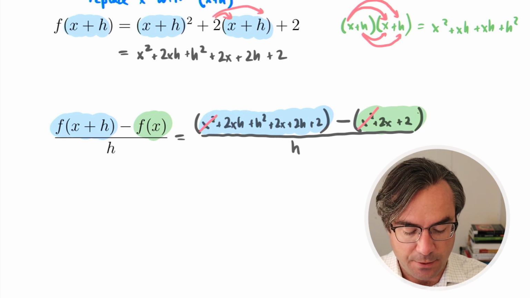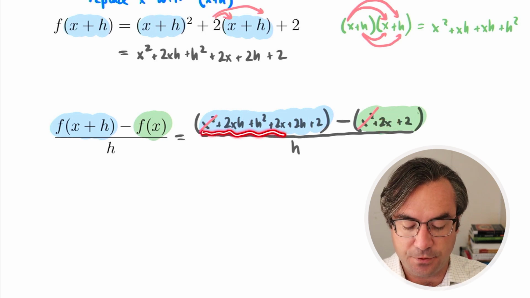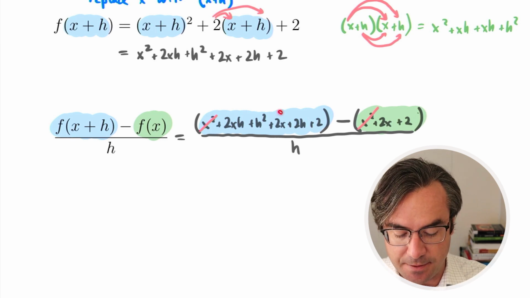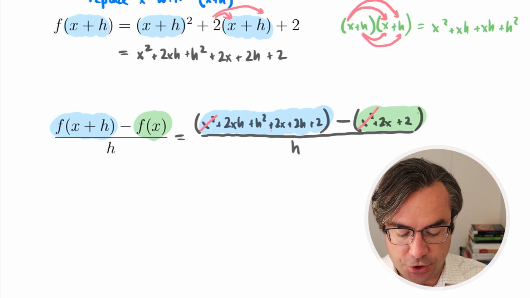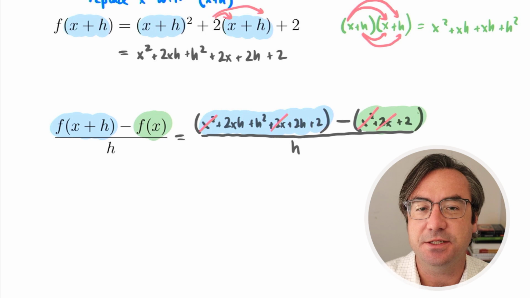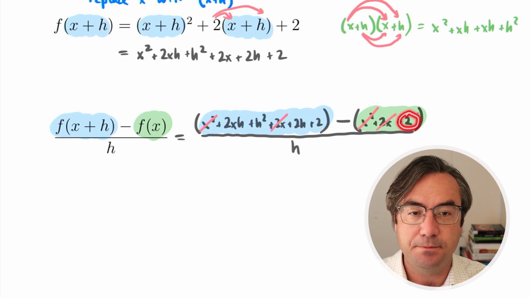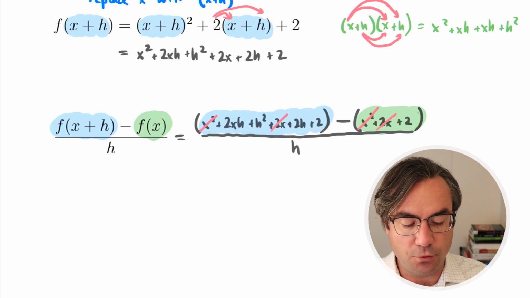Okay. Now we go to the next term. It's a 2x. So again, scan through this first piece, look to see if there's any 2x's. And boom, we got one right there. So 2x cancels the 2x. And then we have a 2 all by itself. Again, scan through. We've got a copy of 2 over here.